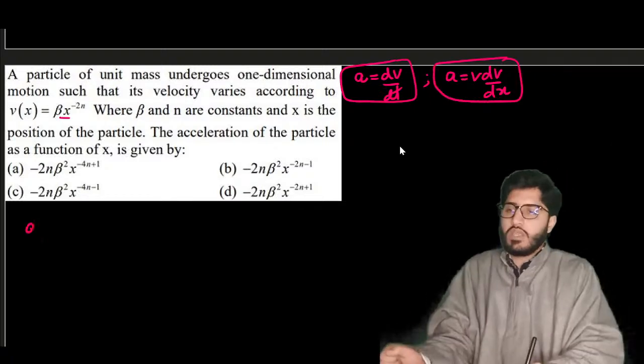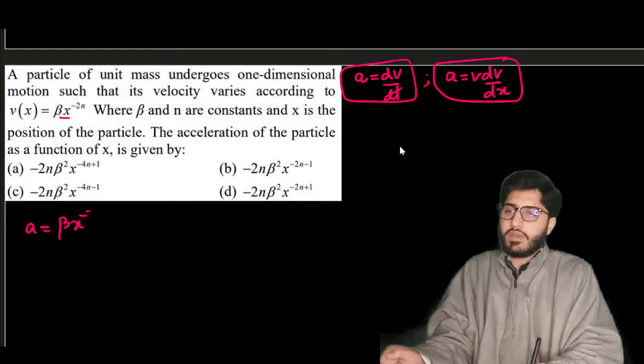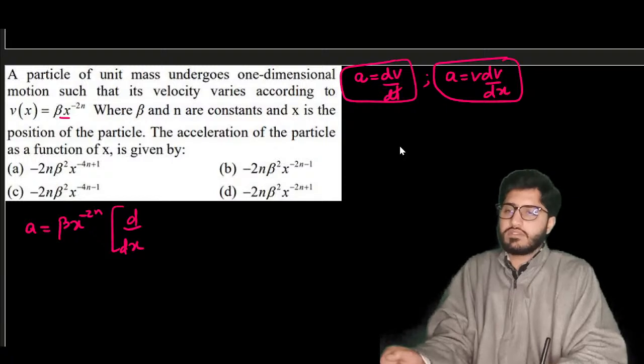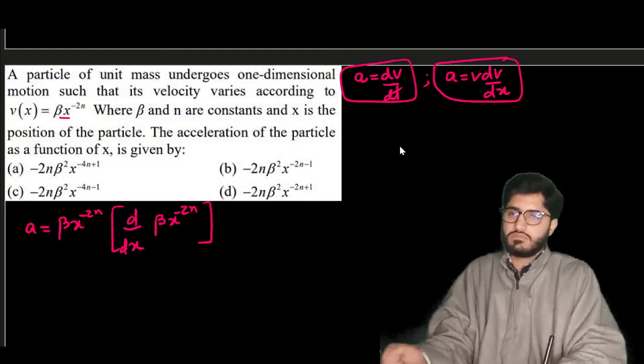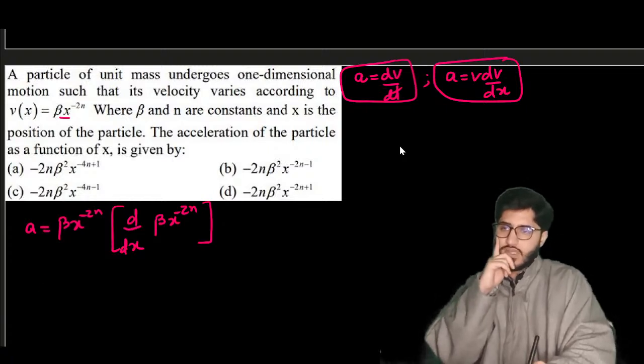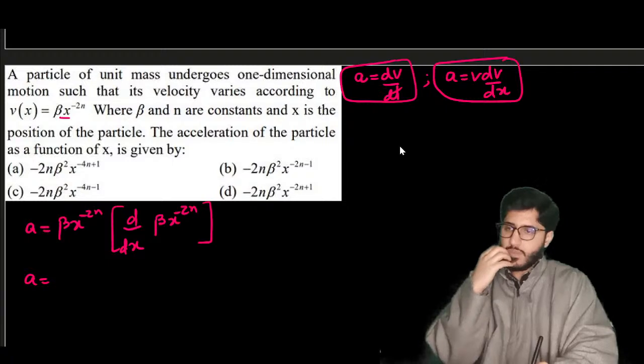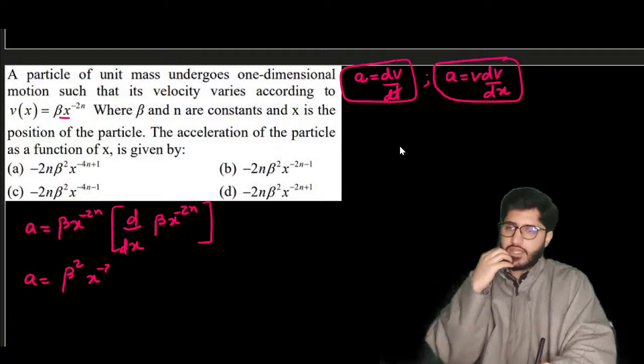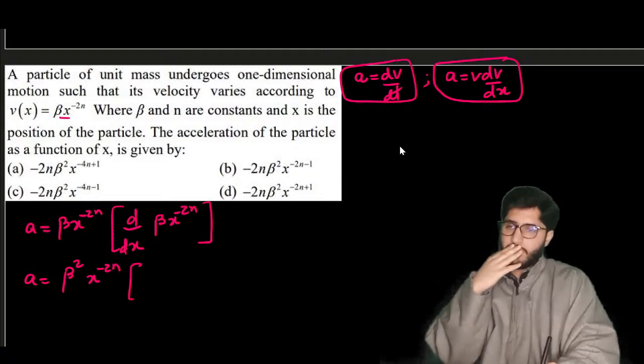Okay. A, what is v? V is beta x to the power minus 2n, and d v by dx would be now beta times the derivative of x to the power minus 2n. Now a comes out to be beta, constant, so I can write beta square x to the power minus 2n, and the derivative would be now minus 2n x to the power minus 2n minus 1.